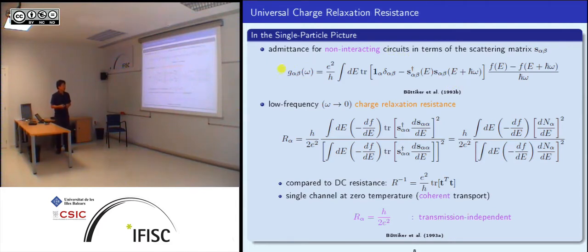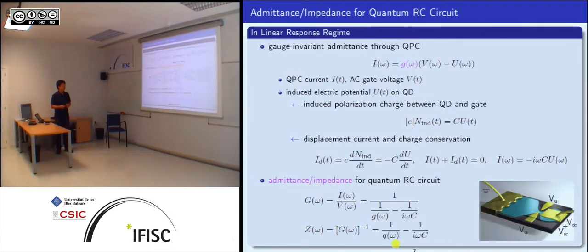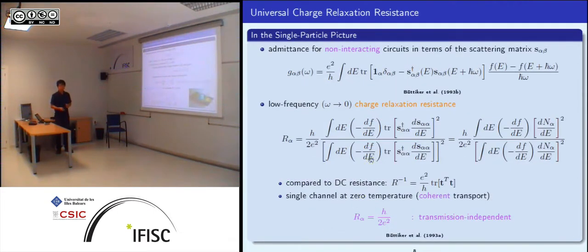From that, he managed to get the admittance, and by inserting this formula into here, we can get the resistance by taking the real part of the impedance. So this is the formula for the resistance, and it can be written in a simple form like this.